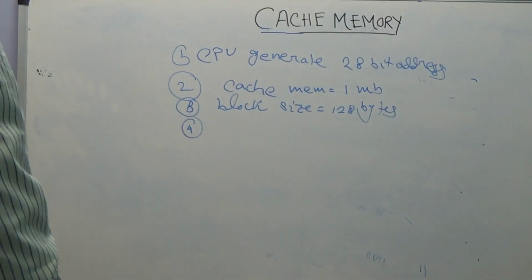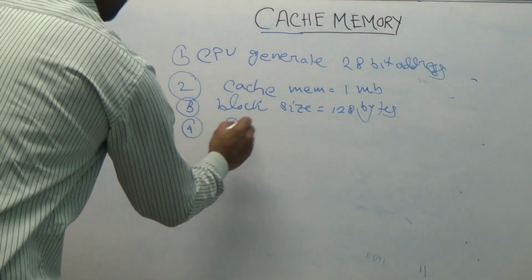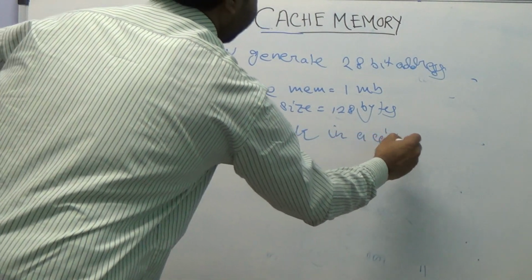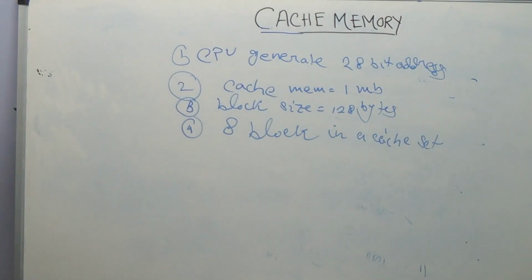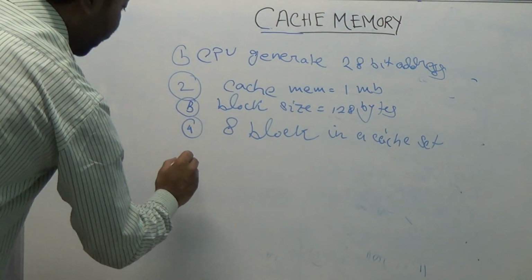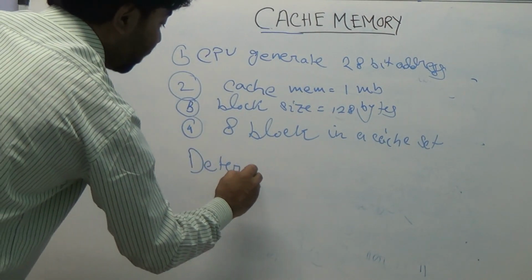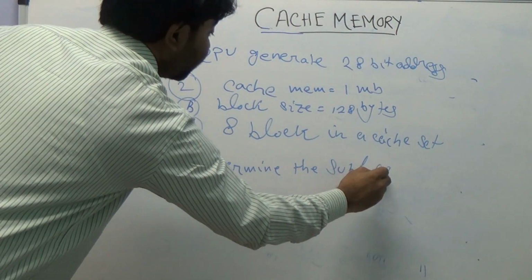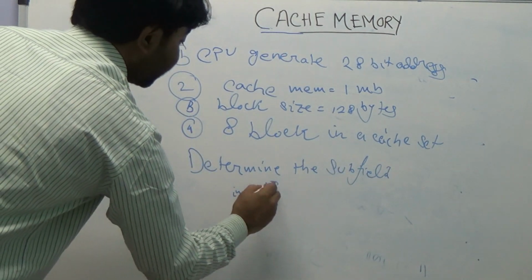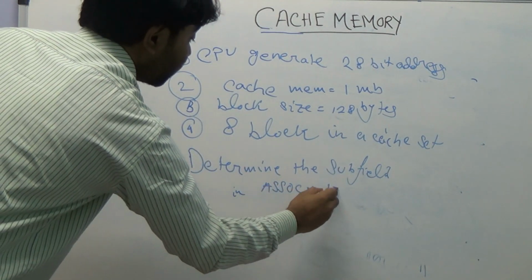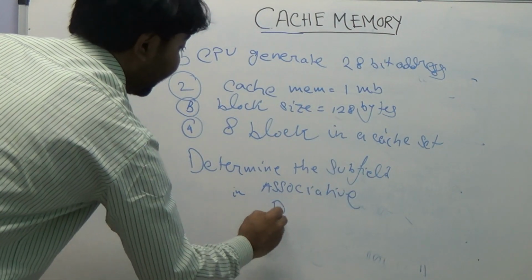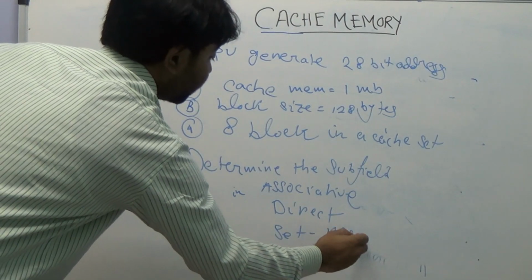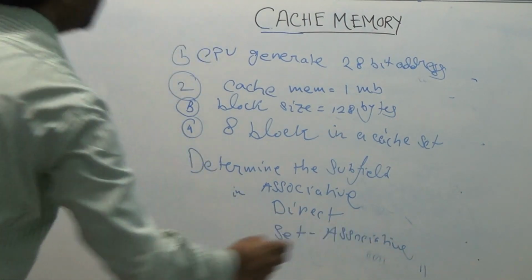Number 4, 8 blocks in a cache set. Now you have to determine the subfields in associative, direct, and set associative. So this is the given problem.